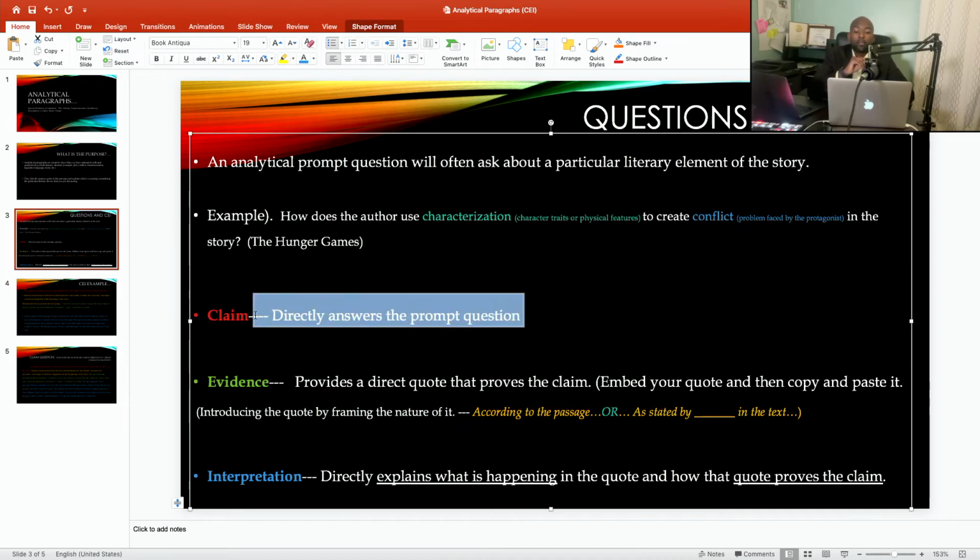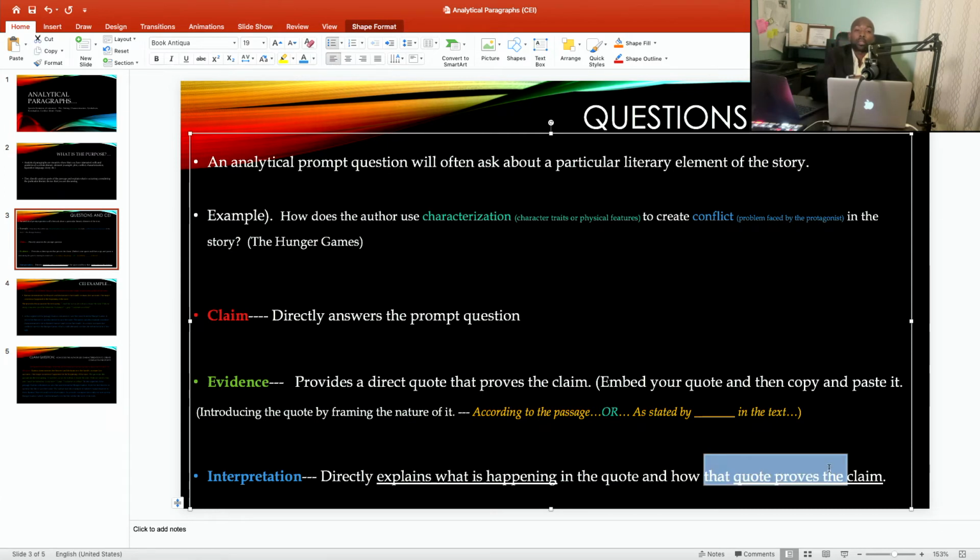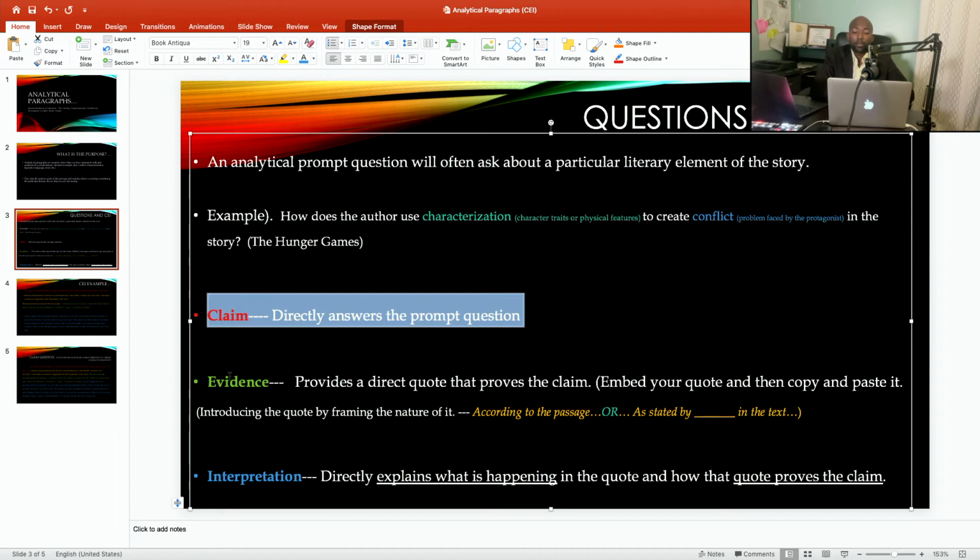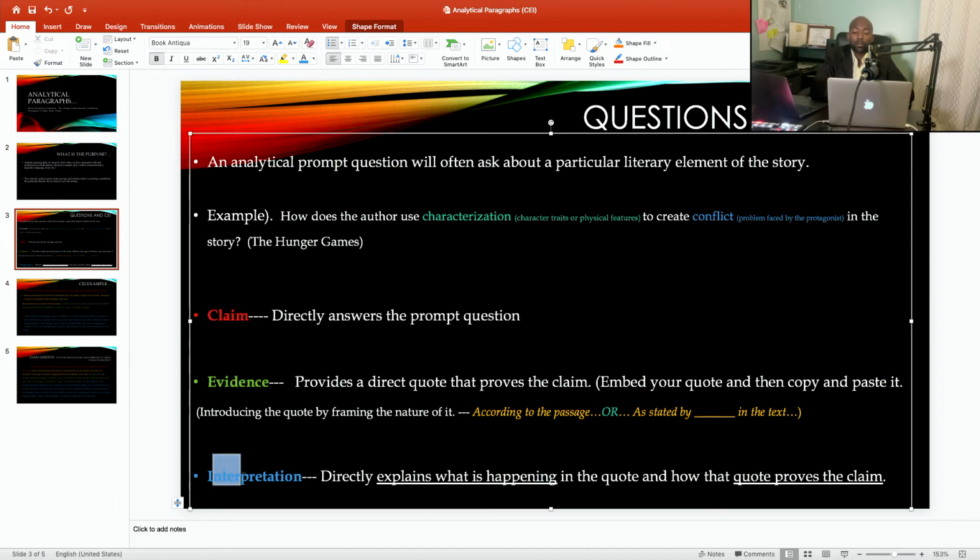Because remember, everything is about proving the claim. Okay? So, two parts to the interpretation. Explain what's happening in the quote that you chose, okay? And then explain how it proves what you're saying in the claim. So, claim first, then evidence, then interpretation. All of that together in one paragraph.